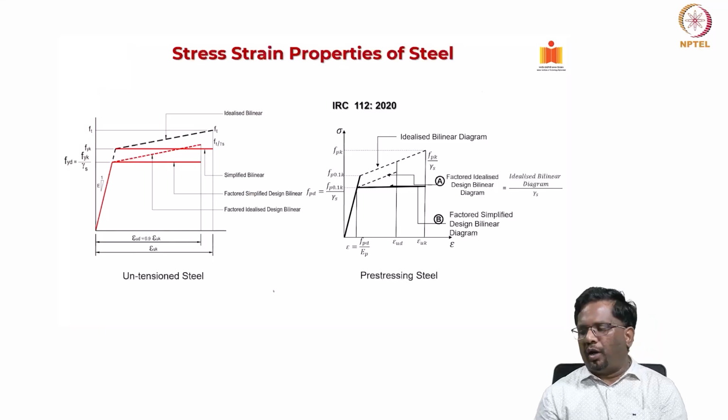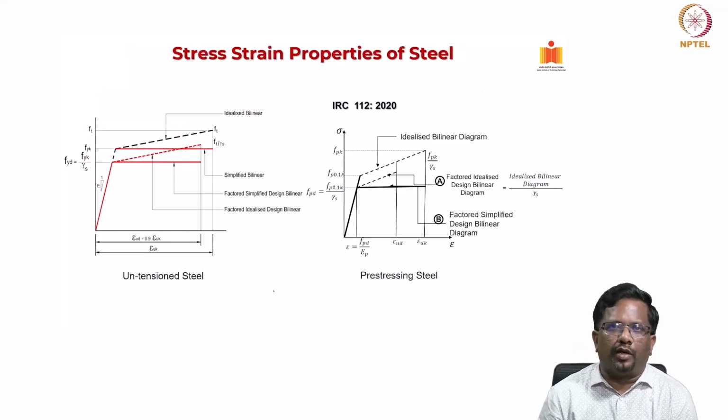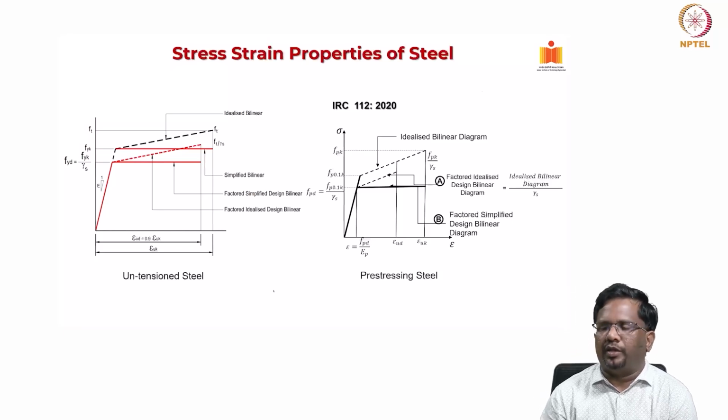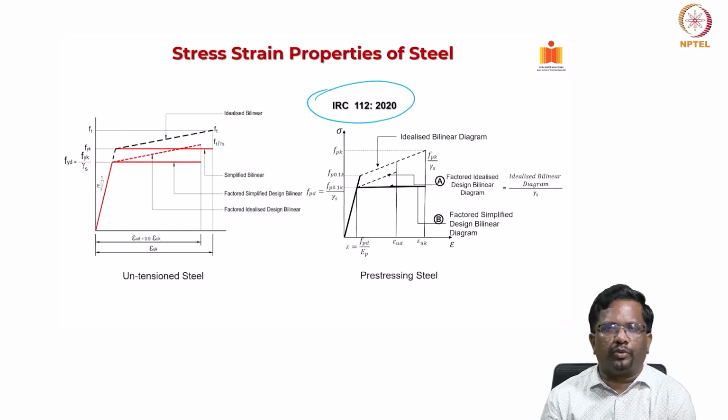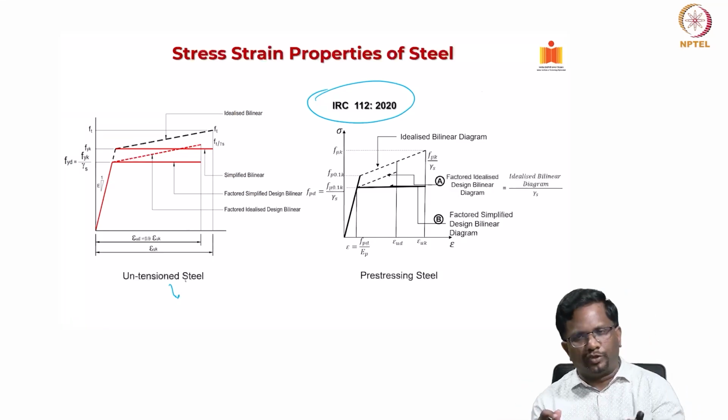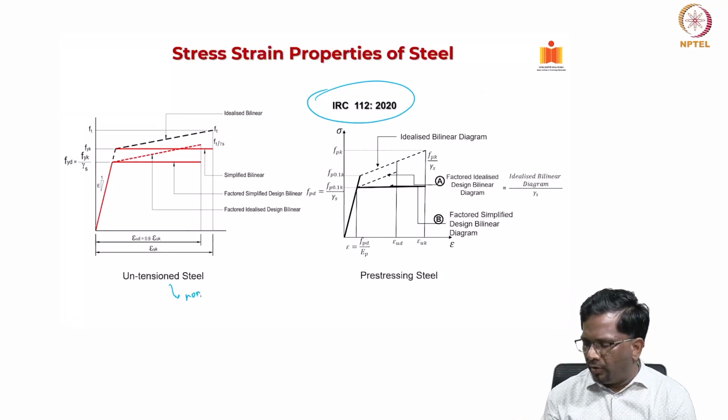Now, how are the IS codes addressing this stress strain curve behavior from a design point of view? These are the curves taken from IRC 112, which is a bridge design code, and this is for untensioned steel. That means this is not pre-stressing, it is non-pre-stressing steel.